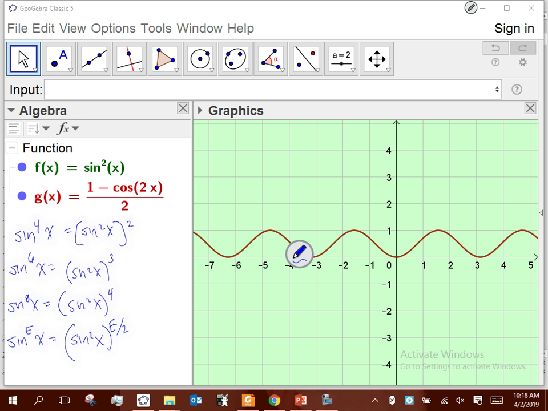Because then when I FOIL, let's think about this. If I'm going to take sine squared times sine squared, I'm going to take that red expression, 1 minus cosine 2x over 2, and multiply it by itself, right? Well, then that means my numerators, because it's a binomial up there, are going to need FOIL, right? Well, if I do sine squared x to the third, then I would have that red fraction 3 times, right?